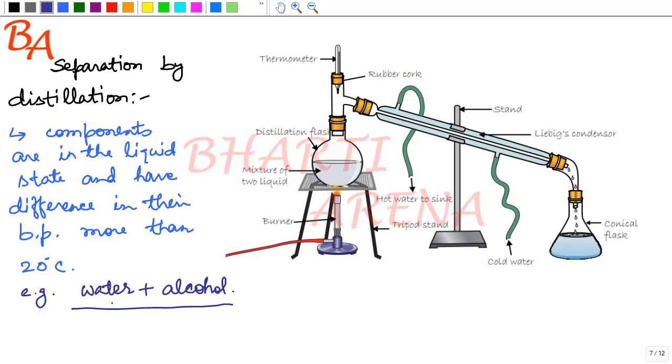In this mixture, the components will be separated by the distillation method.